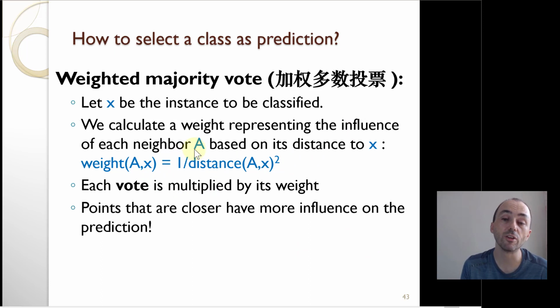So if we have a neighbor A, the weight of A will be 1 divided by the square of the distance from A to x. Then each vote will be multiplied by the weight. By doing this, the neighbors that are closer will be more important than the points that are farther.